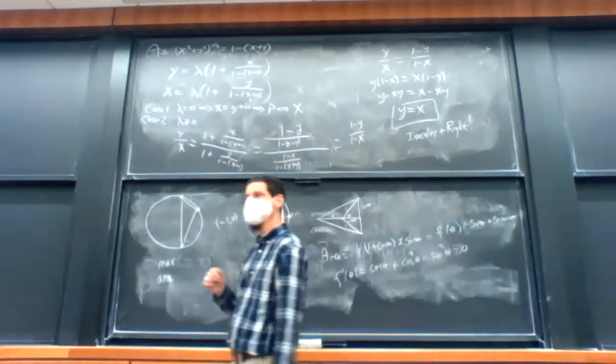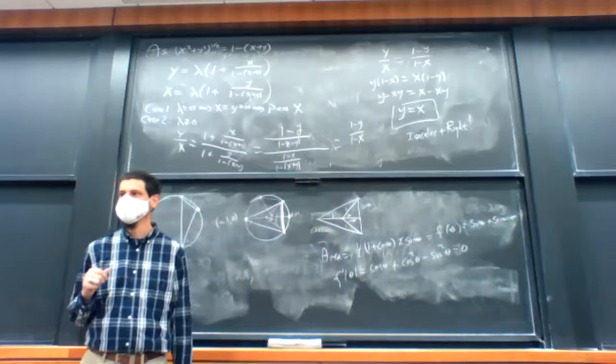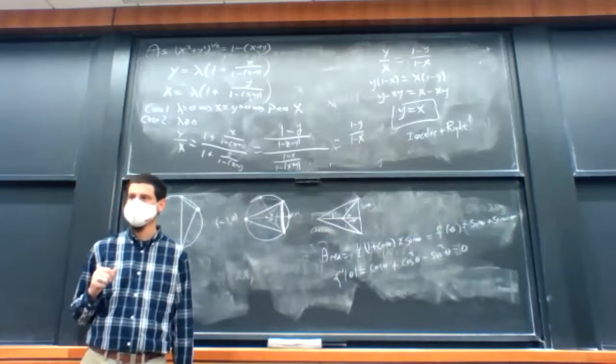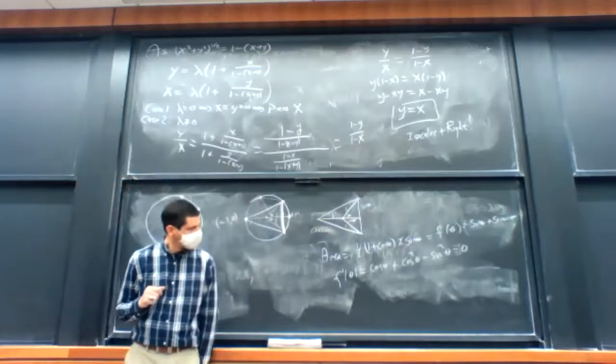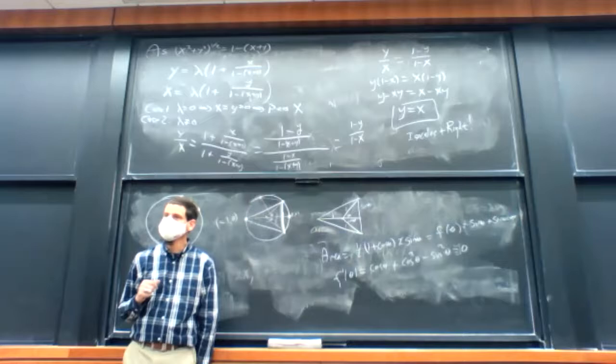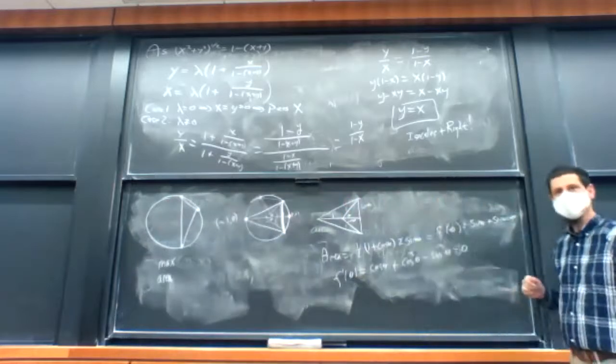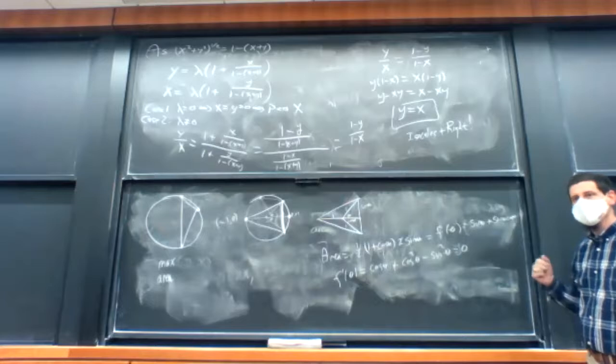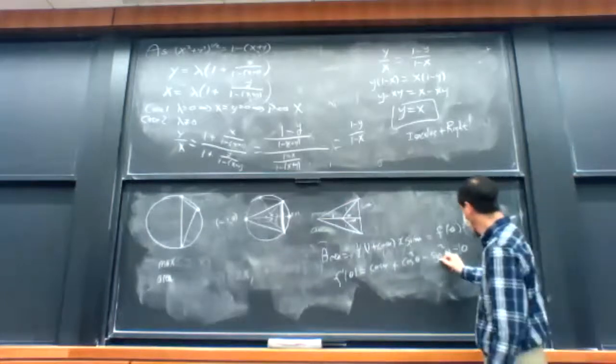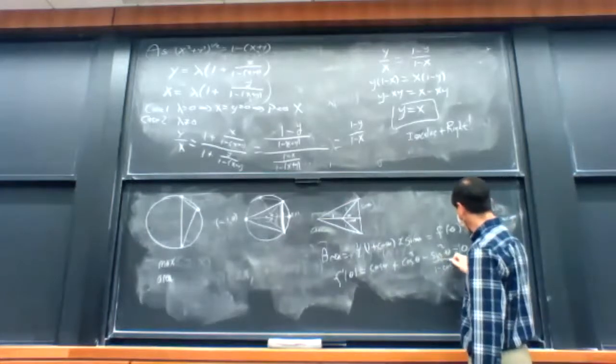So sine squared theta is the same as 1 minus cosine squared theta, since cosine squared plus sine squared is 1.